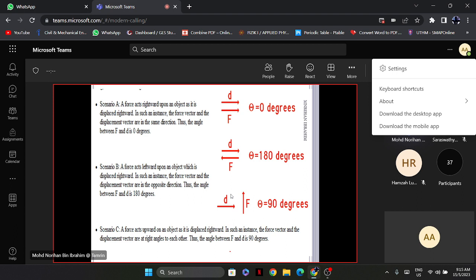Force is symbolized as F, displacement as D. Both are in the same direction; they are parallel. So in this case, the angle between F and D is equal to 0. There is no angle between the force vector and the displacement vector. We will look at related examples later.